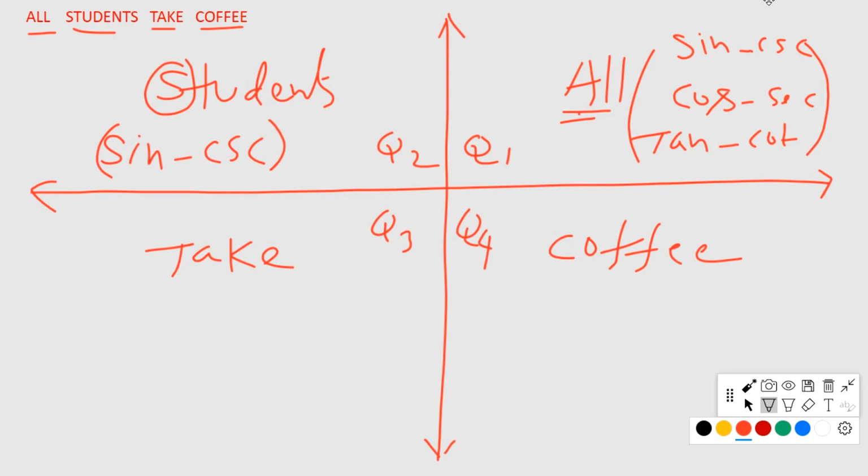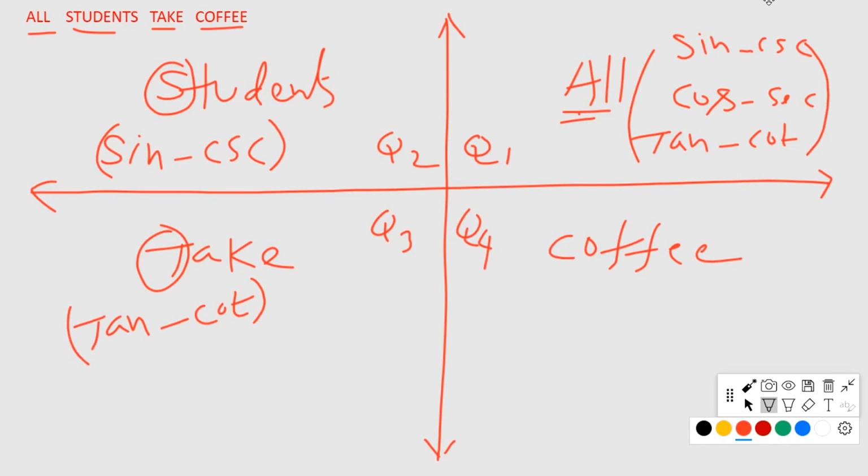Okay. Next, third quadrant. Take first letter T. T means tan. The multiplicative inverse of tan is cot. Only these two ratios are positive in the third quadrant. Other 4 ratios are negative values in the third quadrant, right?